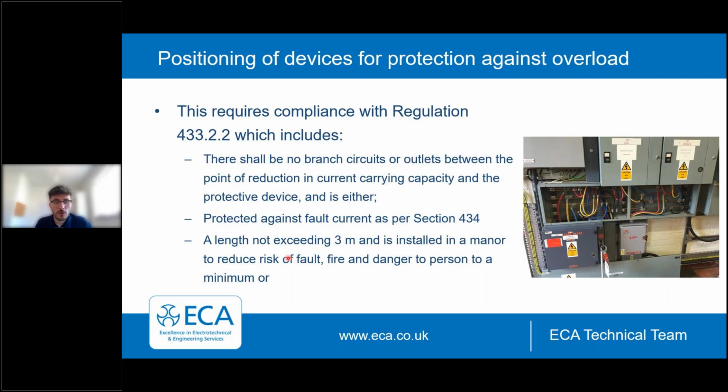The other option, of course, is the length not exceeding 3 meters, which this also looks to fulfill, and is installed in a manner to reduce the risk of fault, fire, and danger to persons to a minimum.